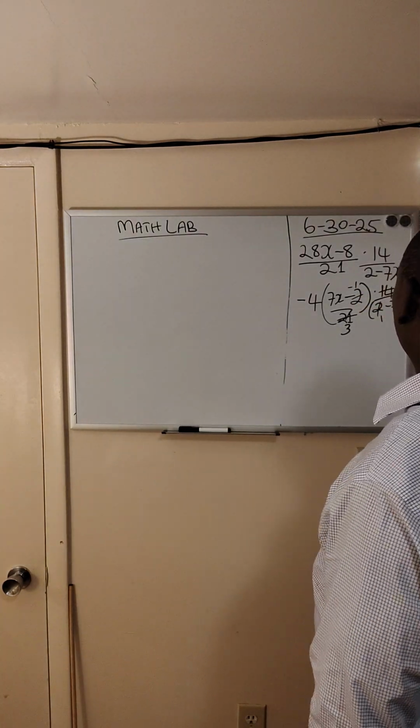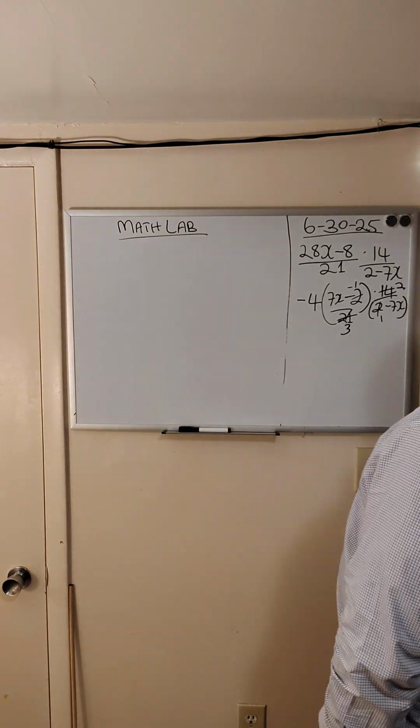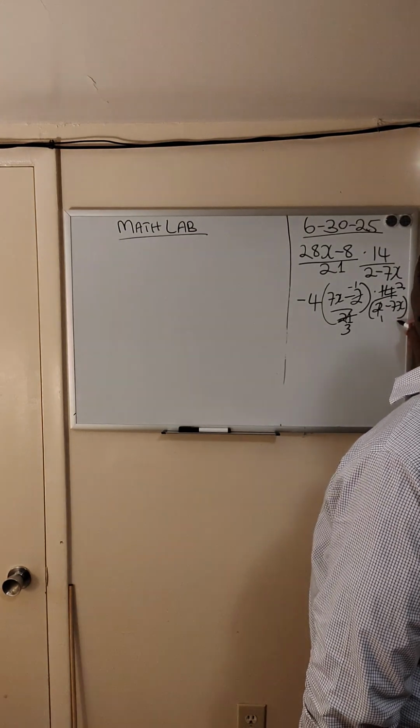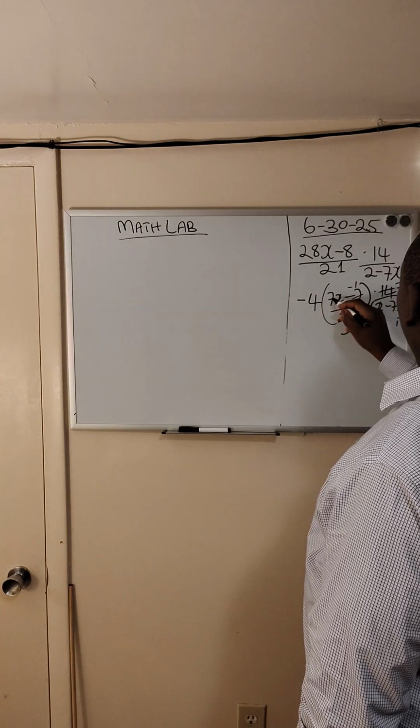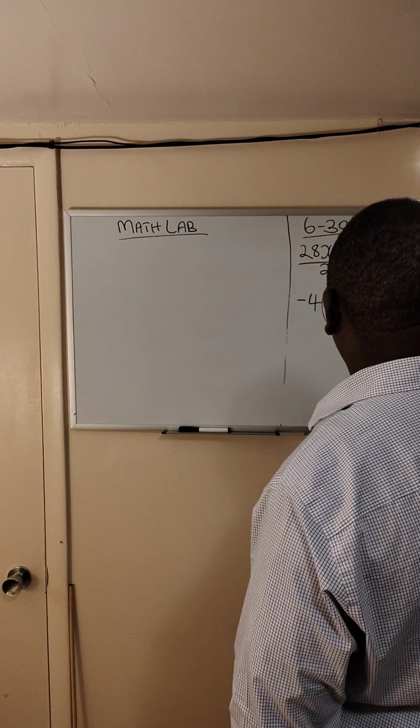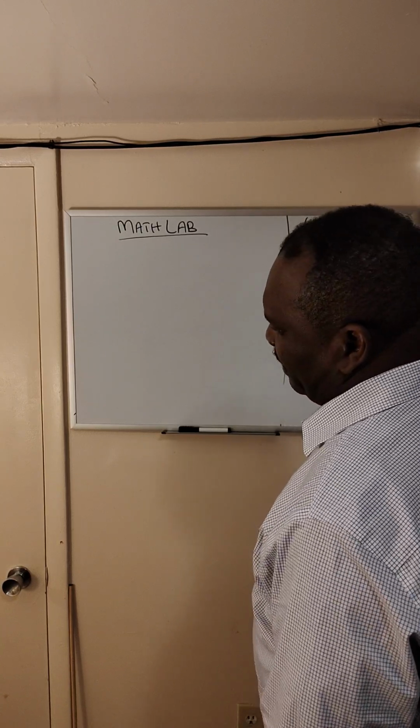Then 7x goes there 1, 7x goes there 1. So it looks like this thing is canceling out.